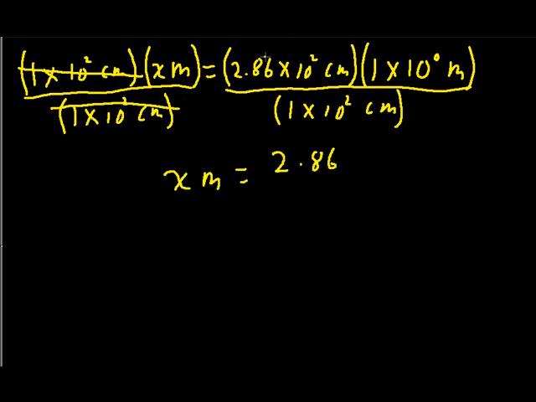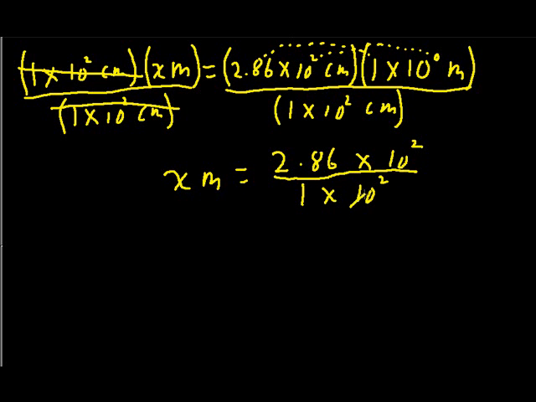2.86. Notice our methods. 2.86 times 1 is 2.86. We add our exponents, 2 plus 0, so it's times 10 to the second. That's going to be over 1 times 10 to the second.